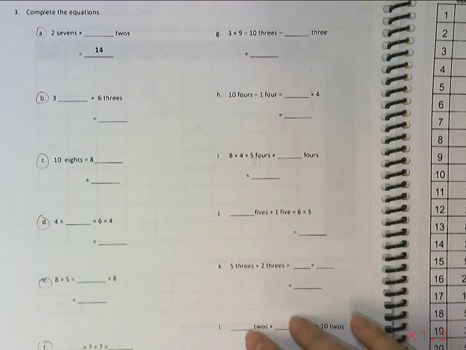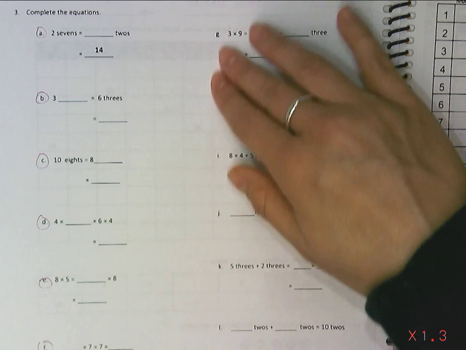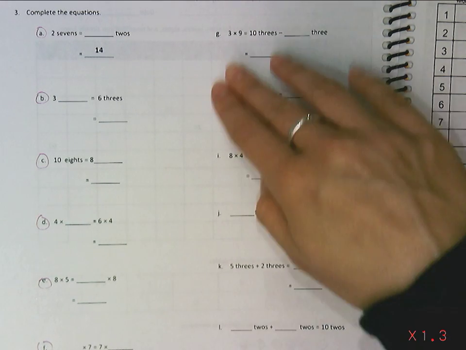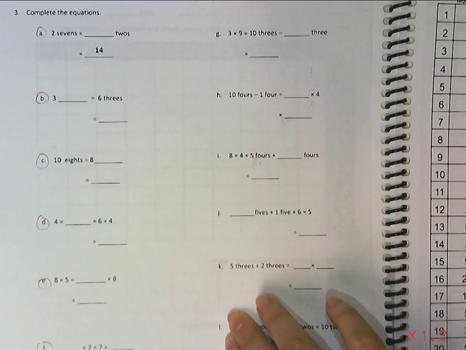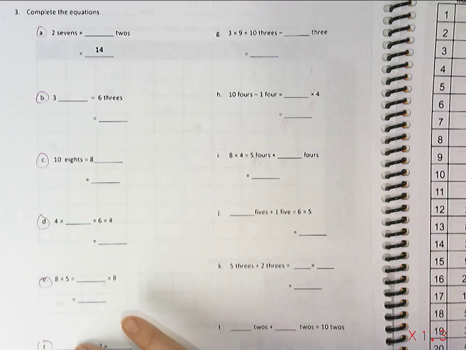This next column, G, H, I, J, K, and L, these are your challenge problems. If you would like to continue on your problem set today and do your challenge problems, you may do so. These are your may-dos. These are your must-dos.